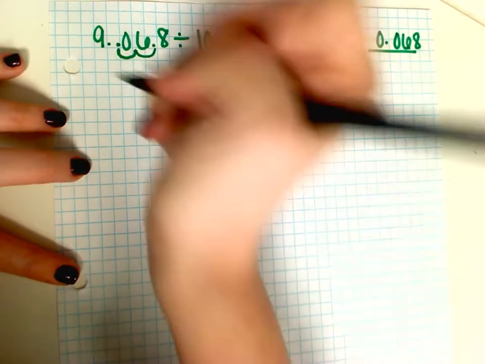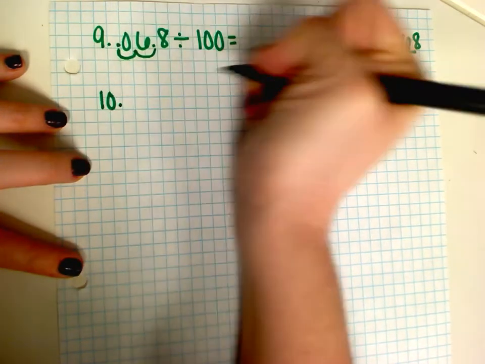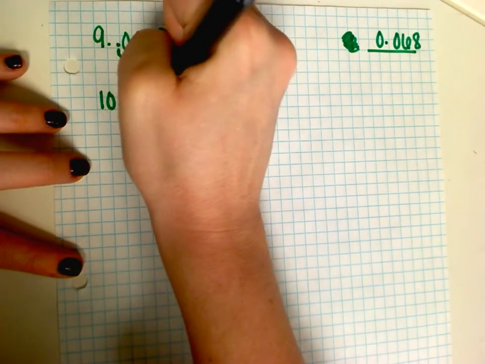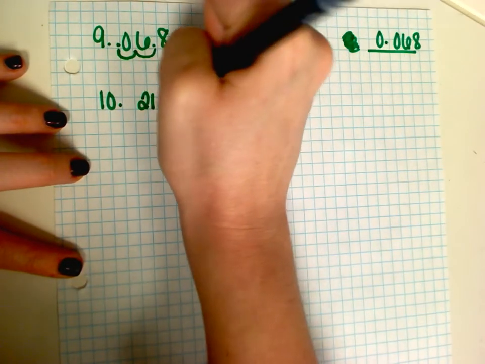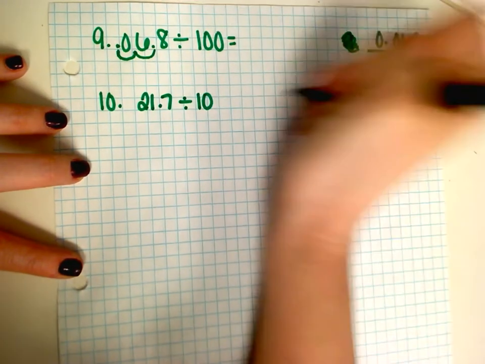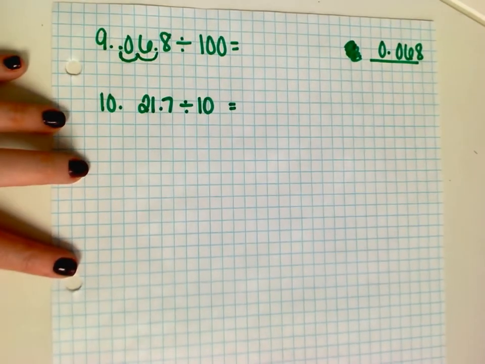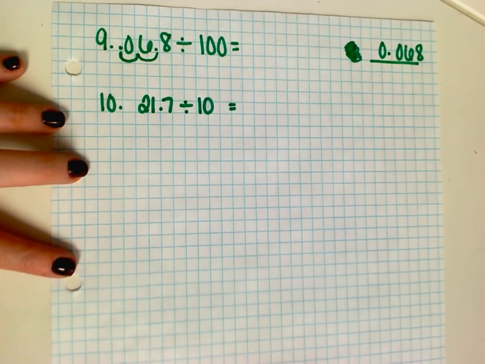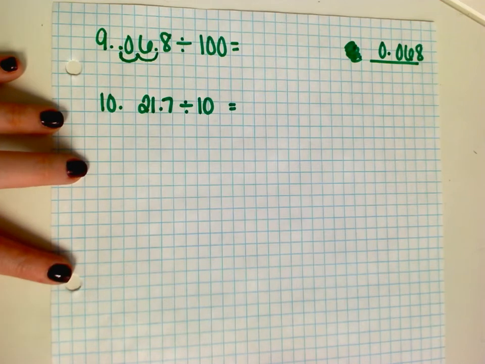Okay, let's do another power of 10 division. We got 21 and 7/10 divided by 10. Let me know what you get. Oscar, what'd you get?